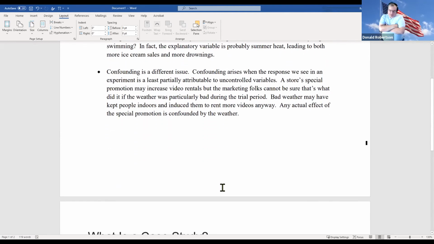Confounding is a different issue. Confounding arises when the response we see in an experiment is at least partially attributed to an uncontrolled variable. So a store's special promotion may increase video rentals, but the marketing folk can't be sure what did it.